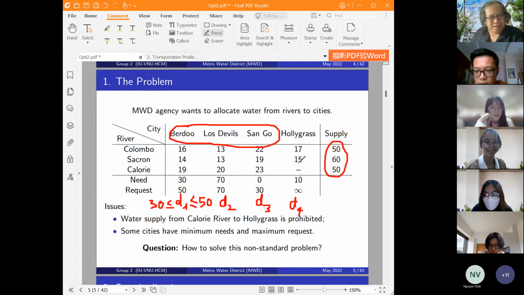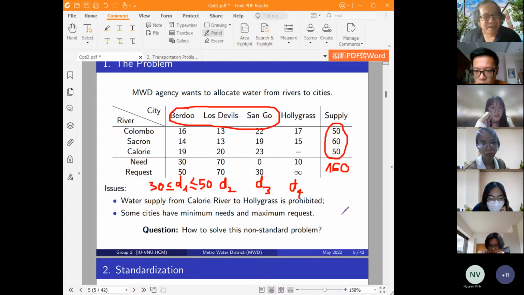Suppose all the others obtain the least, then the total left for Holy Grass is just 60, because the total is 160 and the least of the 3 is 100. Then the maximum Holy Grass can receive is 60. Is that okay? It's much easier to understand than doing the mathematics like a mathematician.